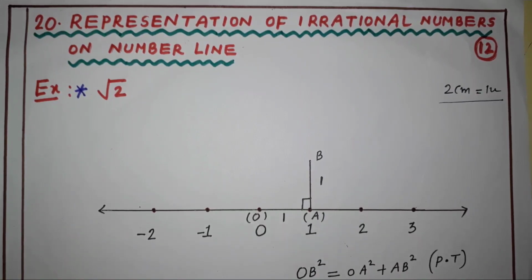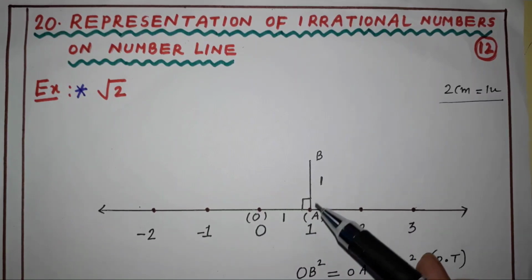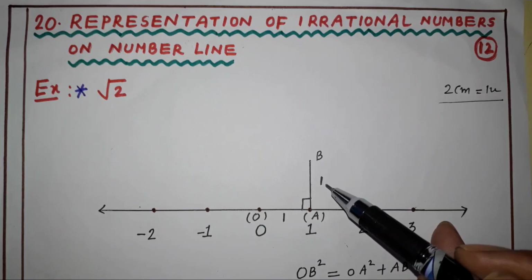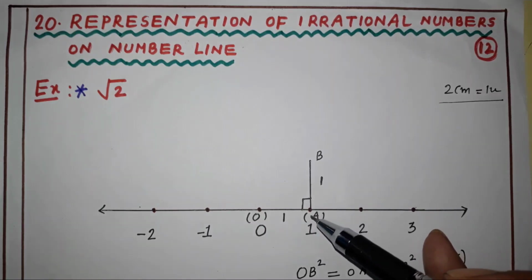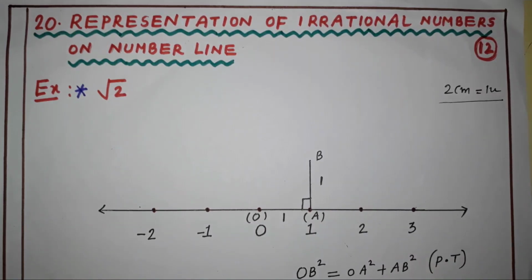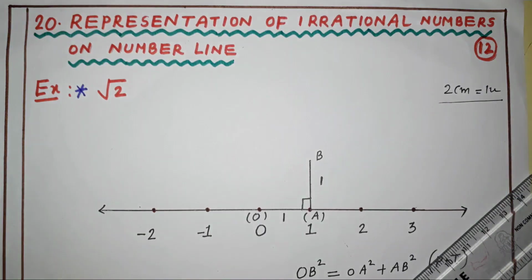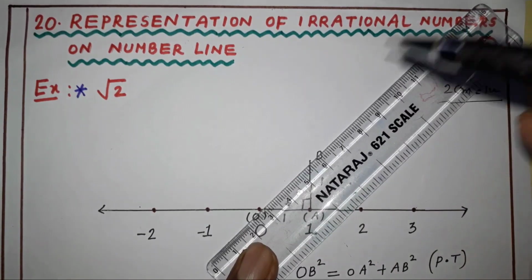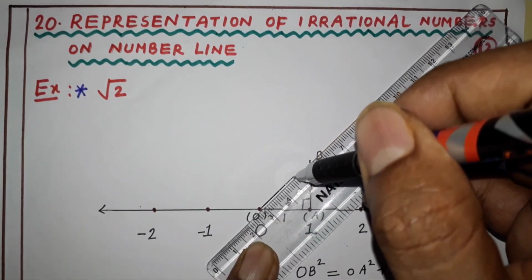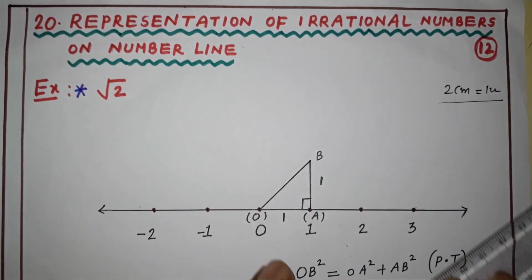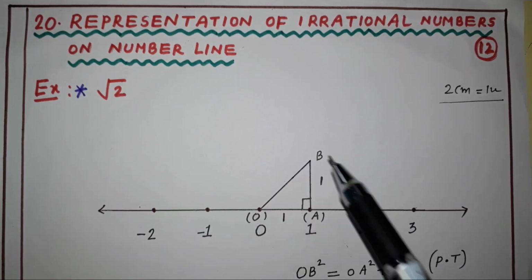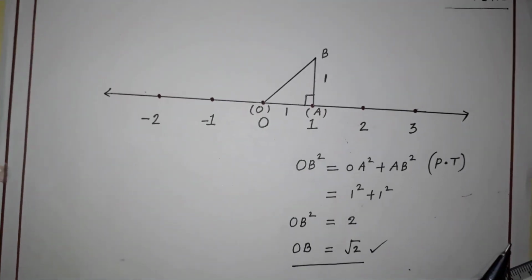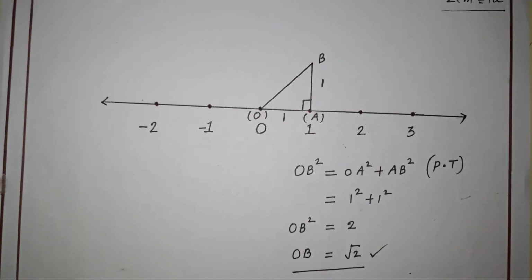OA is 1 unit. Afterwards, at A you draw a perpendicular of 1 unit, which is equal to 2 centimeters. That is AB. Afterwards, you join O, B. Then OB will be equal to root 2, because this is a right angle triangle.